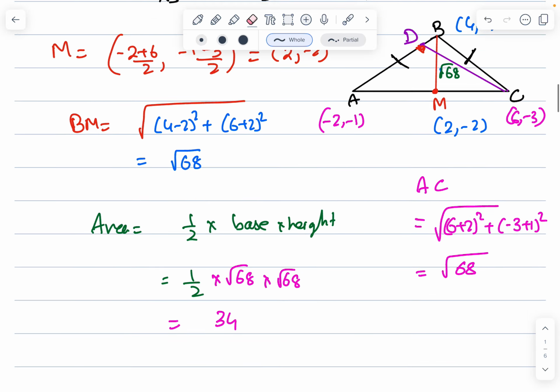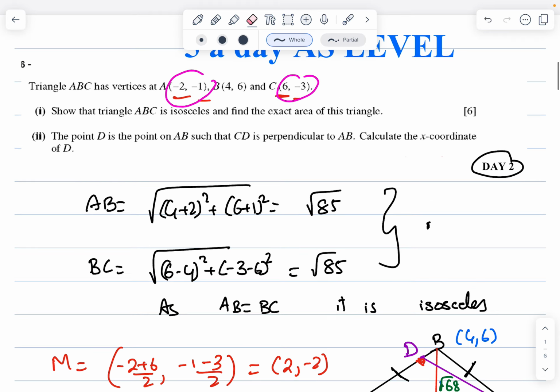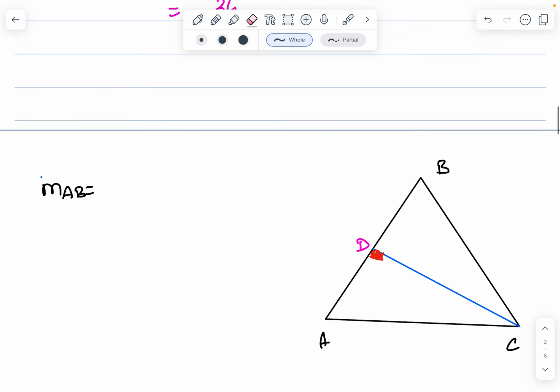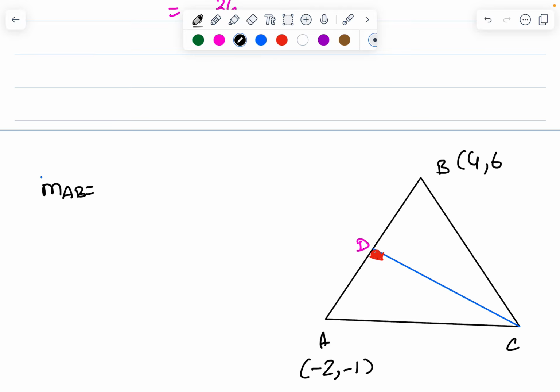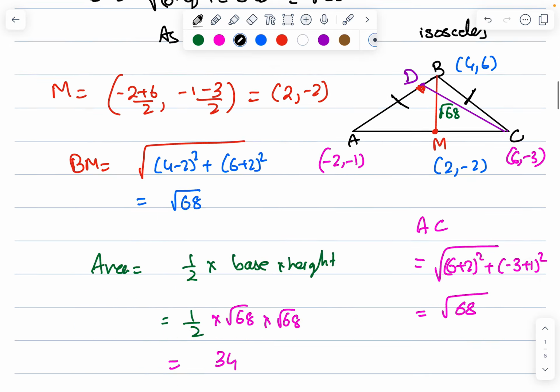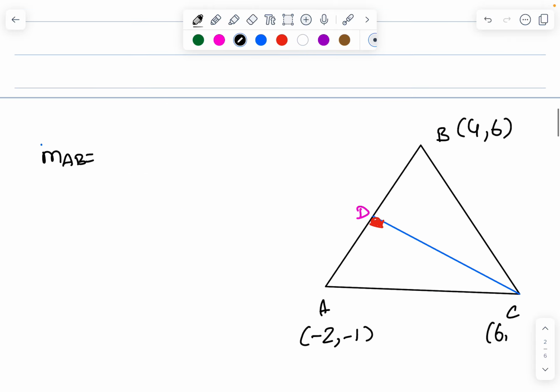The coordinates of A are negative 2, negative 1. B is going to be 4, 6. And C is going to be 6, negative 3. So I'm going to find the gradient of AB. 6 minus negative 1, divided by 4 minus negative 2, which is 7 upon 6.